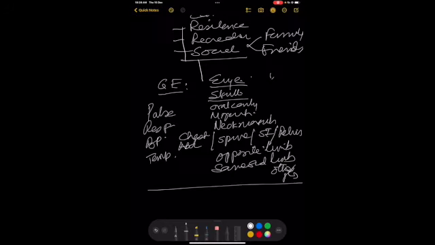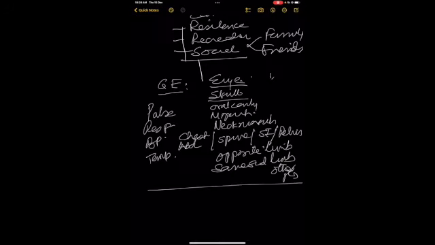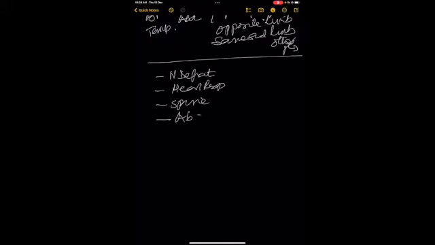After this general examination, there is something special, which is related to hip examination, and that is any neurological deficit, whether the heart and the respiration is involved, whether the spine is involved, whether there is a cold abscess in the abdomen, and what about the pelvis? And the spine includes the sacroiliac joints.